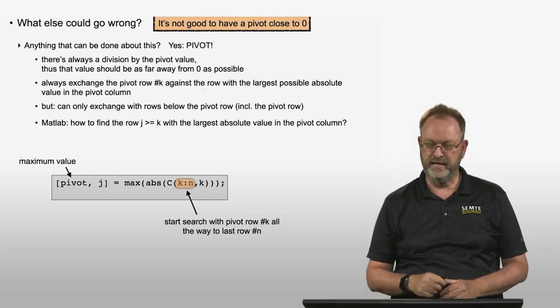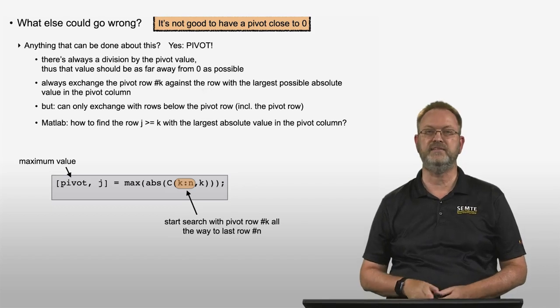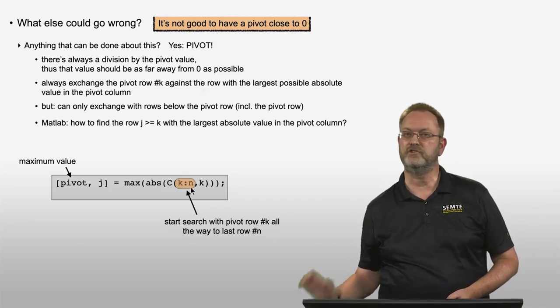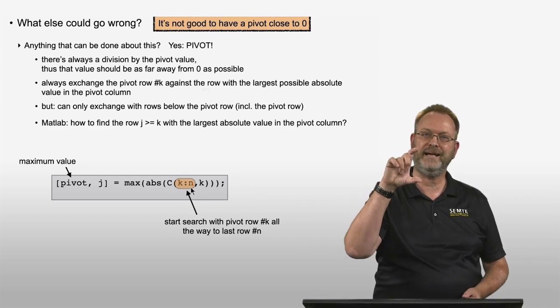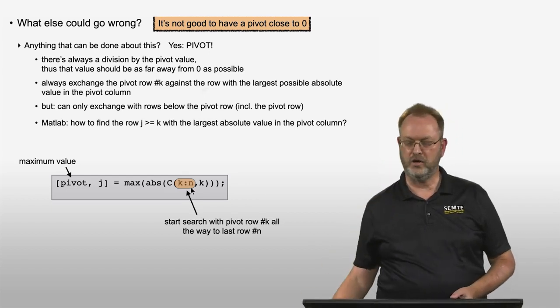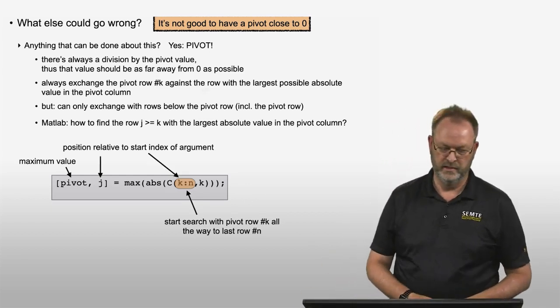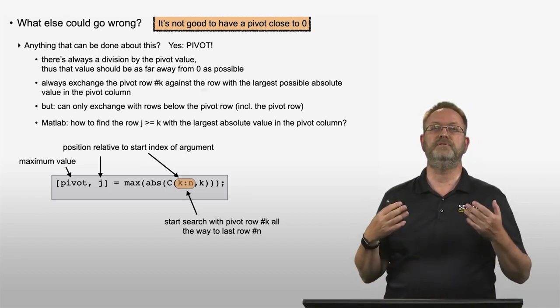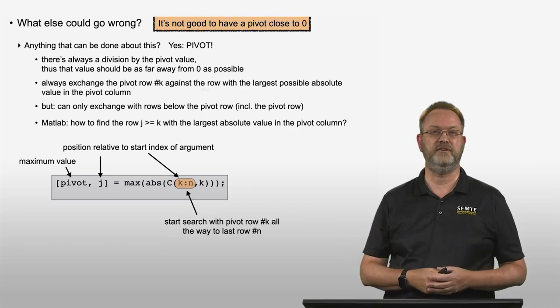And that's indicated by this first index into the augmented matrix C, where we start at the pivot column K and we go all the way to the last row N. So we're cutting one column out of our augmented matrix. The second result, on the left, is the position of this largest entry.